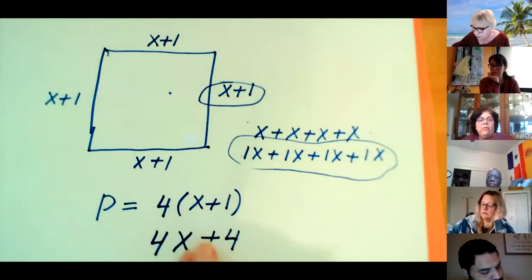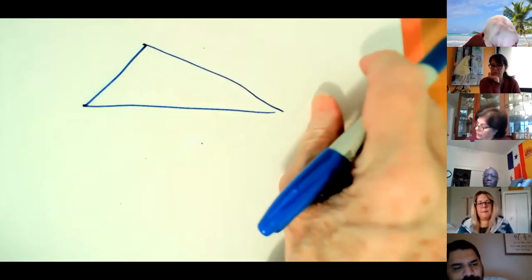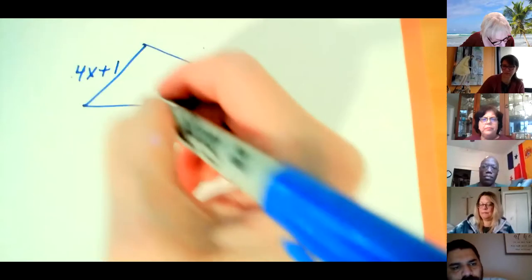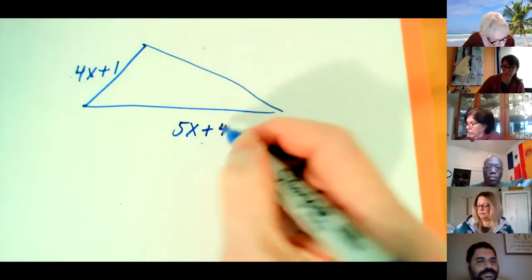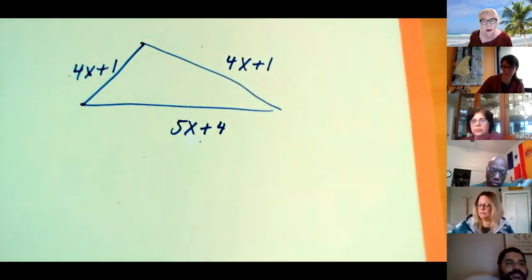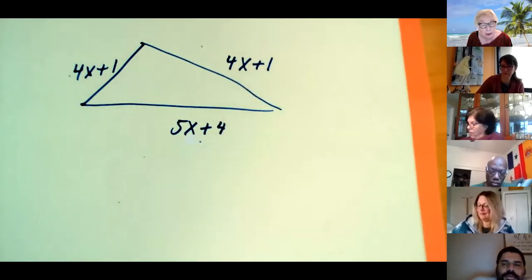Okay. So if they did something silly, like made a triangle, and this one is 4X plus 1, and it doesn't matter what it is. They're just playing with you. They just want you to get the perimeter based on this picture.